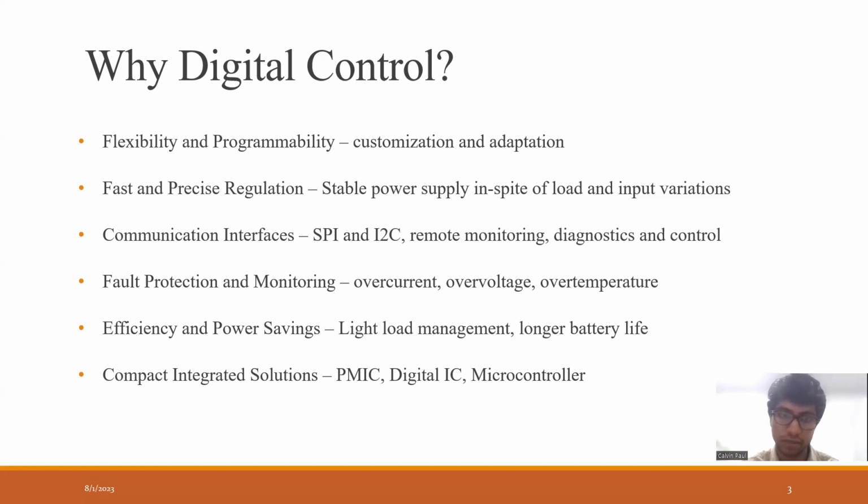Then fault prediction and monitoring. It is very important that our product should not be affected. Whenever a fault occurs, it should be able to protect against it.